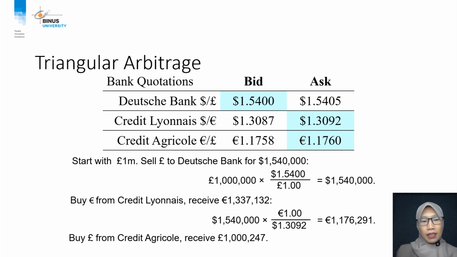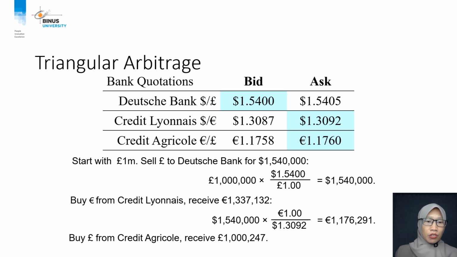So if we have a triangular arbitrage and we calculate the no-arbitrage positions, you can see that the ask price of Credit Agricole is 1.1760, and the one that you calculate is 1.1771.